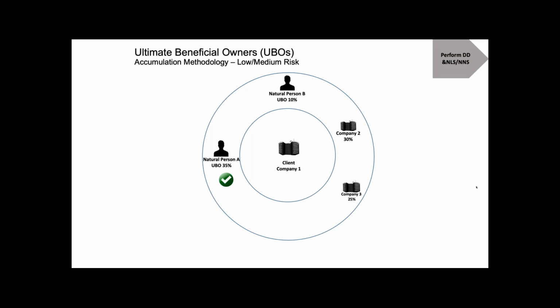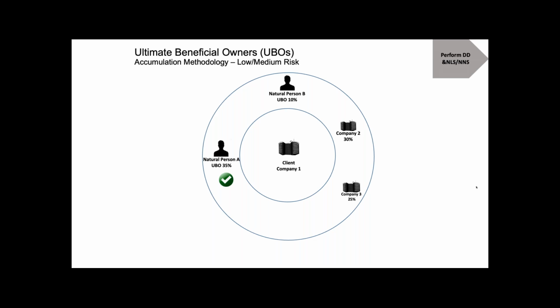Why do we do that? Because we need to figure out who indirectly owns company 2 and what their percentage stake is. The reason is that there is a potential risk that one individual owns the entire company 2, and that makes him a UBO.